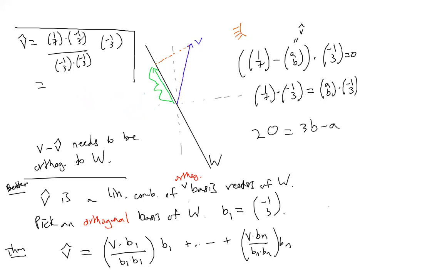And so you're going to solve for this. We just did this: 20 over 1 plus 9, which is 10. So you get (-2, 6). And if you plug in (-2, 6) here, you'll see it's the same.